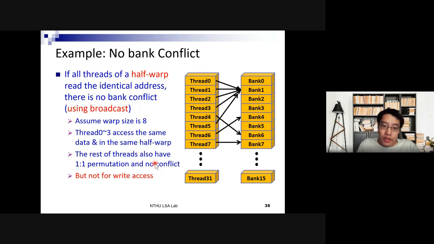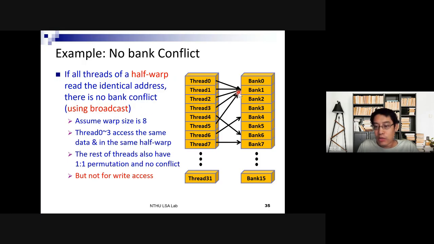All right. So another special case without bank conflict happens when the threads in half of the warp access the same bank, but they are only trying to read the same data on that bank. In that case, the hardware has a built-in optimization to support the broadcast mechanism.